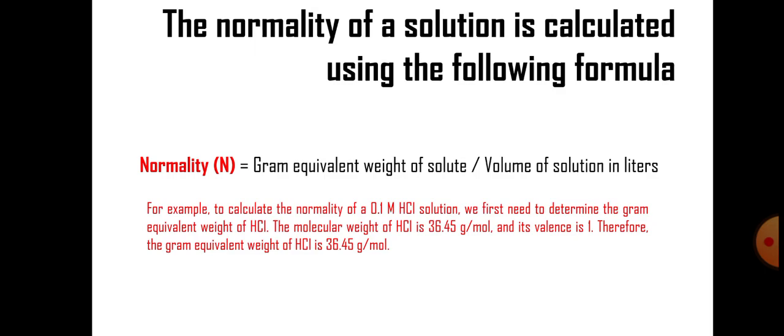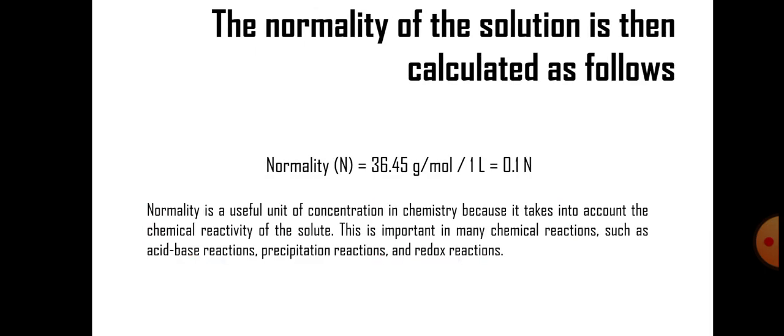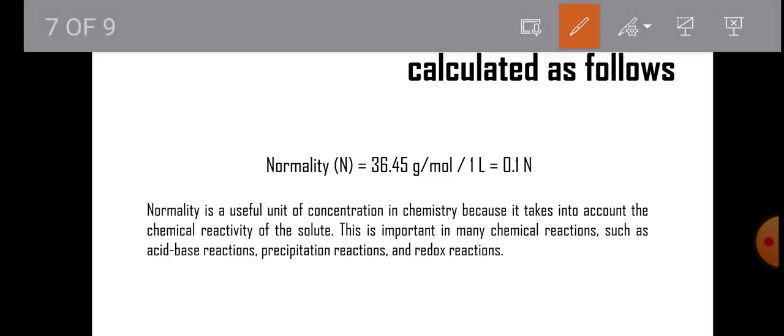The molecular weight of HCl is 36.45 and the valence is 1. Therefore, the gram equivalent weight of HCl is 36.45. The normality is then 36.45 per liter of solution. It is 1 liter. Therefore, the given concentration is 0.1 normal. Very simple. All you need is to remember the formula.